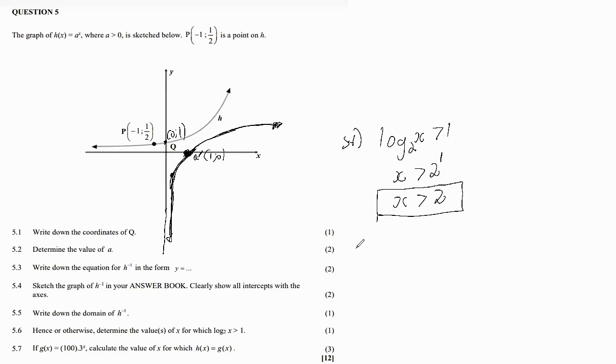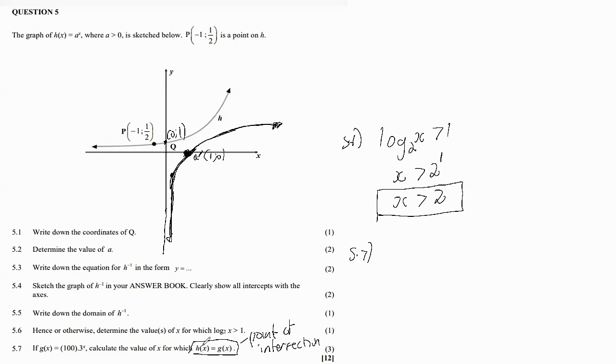Then 5.7 says if g of x is equal to 100 times 3 to the exponent of x, calculate the value of x for which h of x is equal to g of x. Now we know they're speaking about the point of intersection if they give you something like this. Remember, every time they equate the graphs, we are looking for the point of intersection.